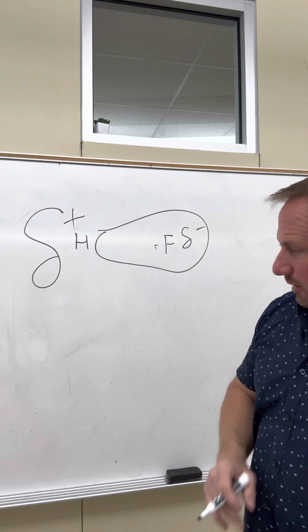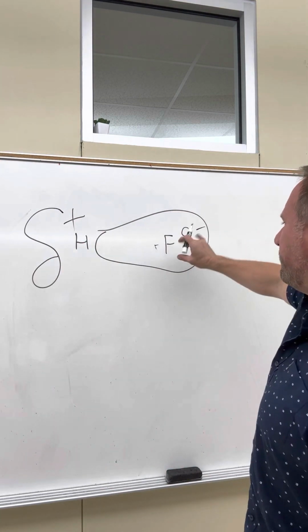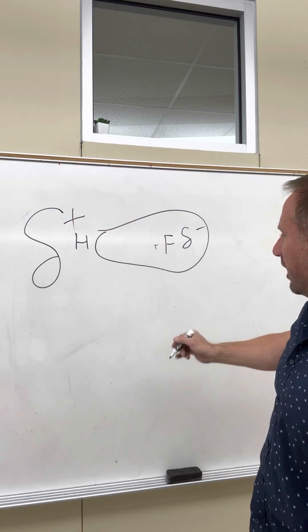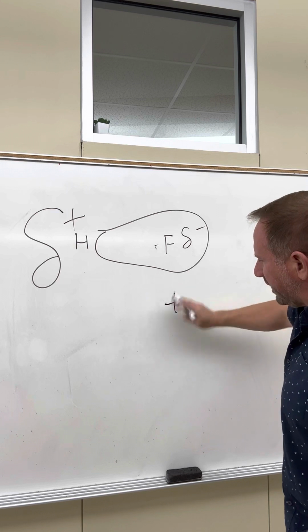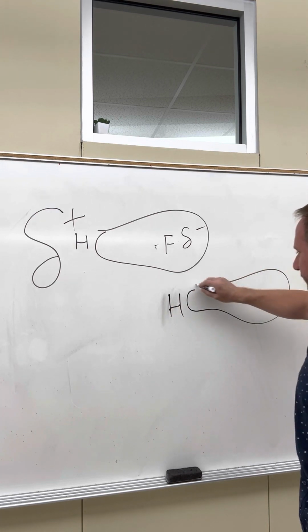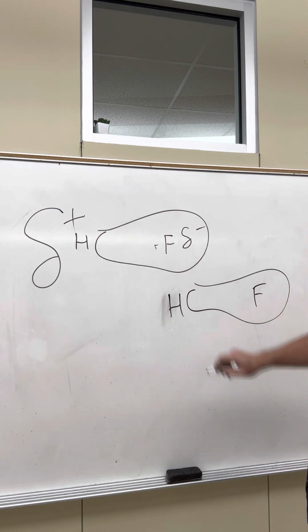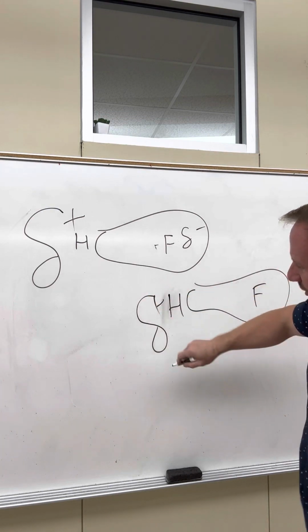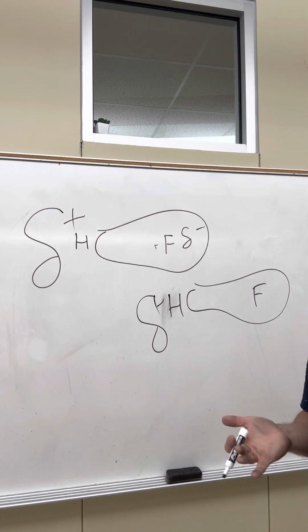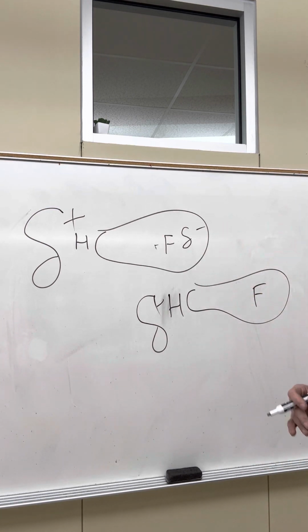Now, what does that mean? We've got a very big partial positive, a very big partial negative, and when it comes in contact with another one that's done the same thing, here's my hydrogen and here is my fluorine over here, it looks like a dipole-dipole attraction again. And it is, that's another dipole-dipole attraction.